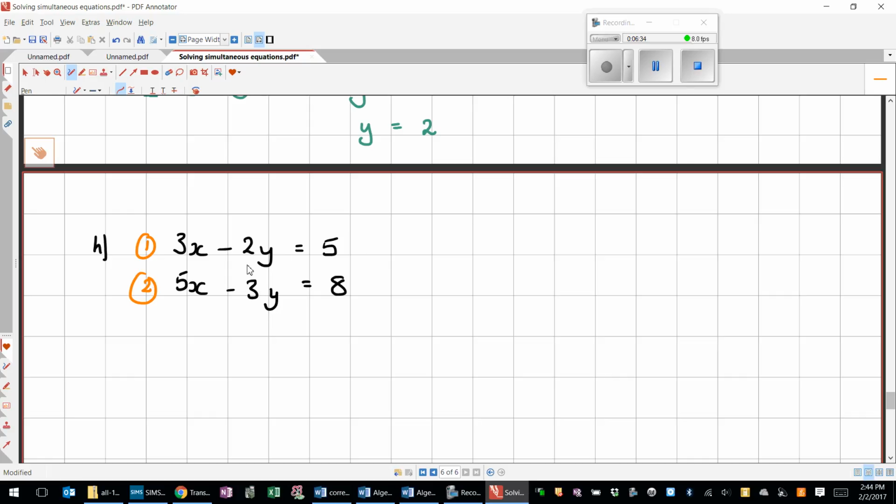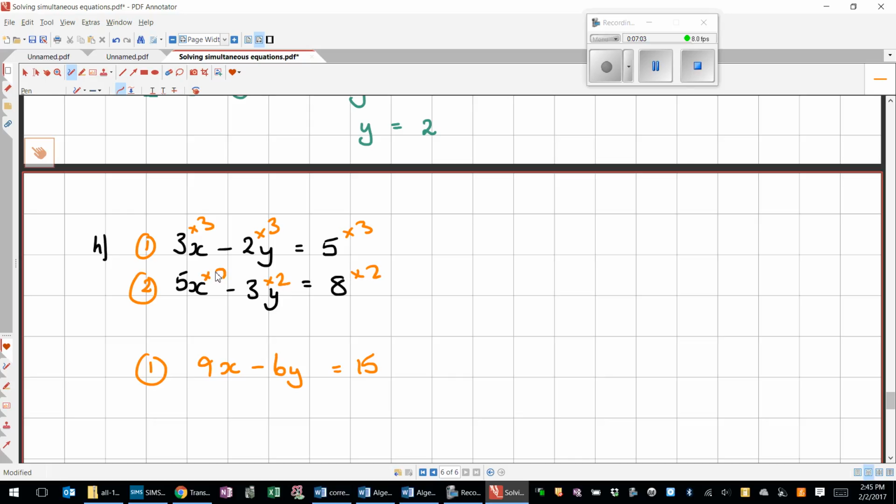So 2 and 3, I'm looking for the lowest common multiple of 2 and 3, which would be 6. So I'm looking for 6y. So this one has to multiply by 3. So I've got to do the same there. So number 1 becomes 9x minus 6y equals 15. And therefore, number 2, I have to multiply by 2.